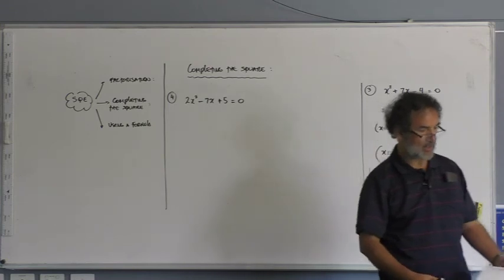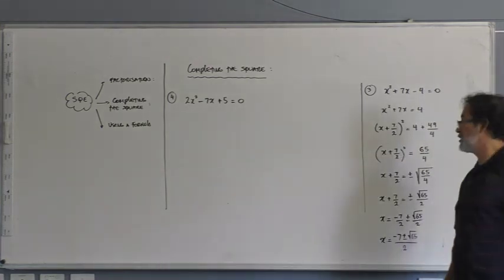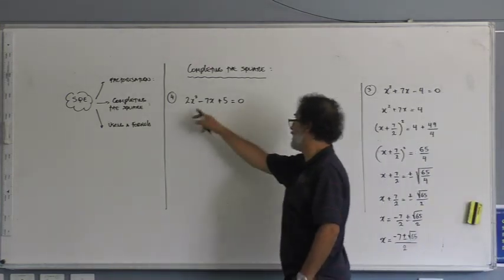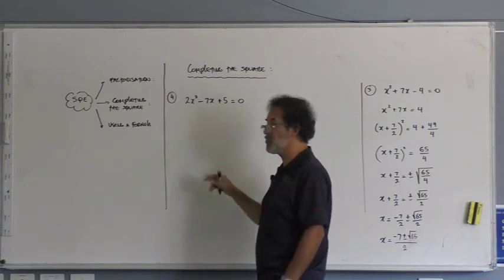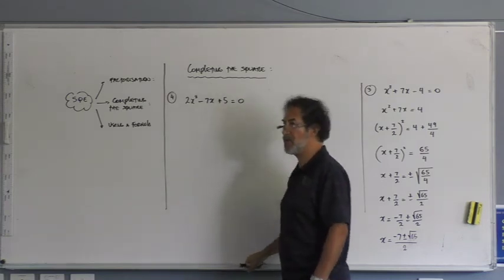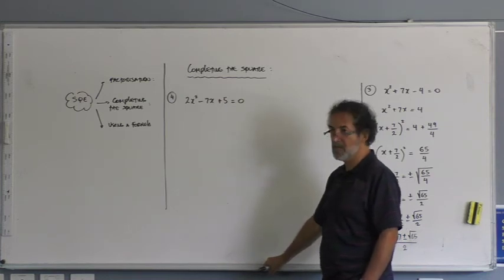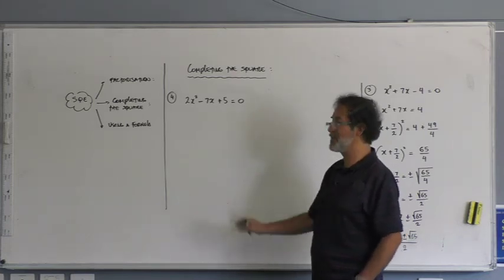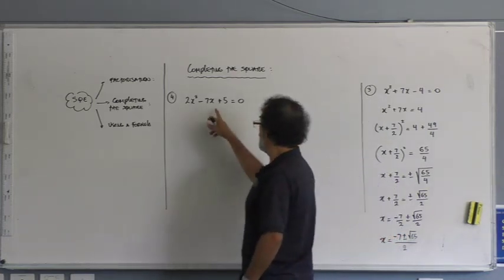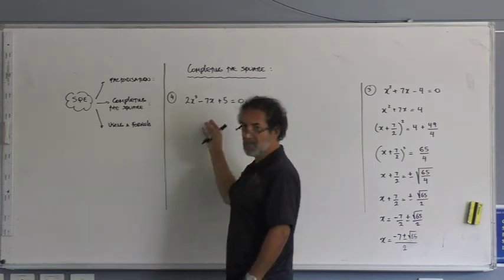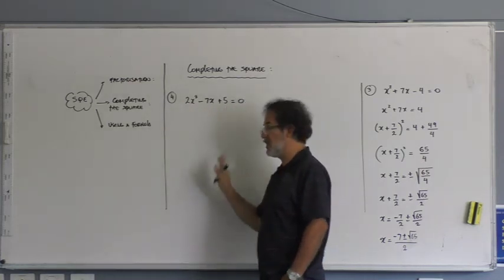Let's say that we have this equation. I don't know whether you can factor this or not, but let's pretend for a moment that we cannot factor this. Let's say that we cannot find two numbers that when you times together equal 10, and when you add them together equal that. Just pretend. I take this question randomly from the textbook, so I don't know.